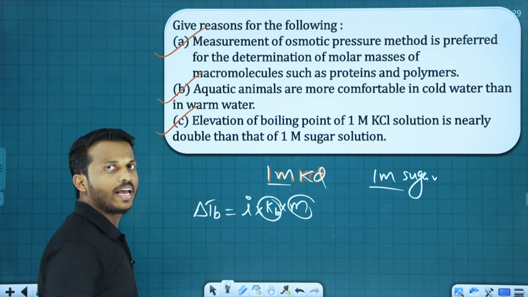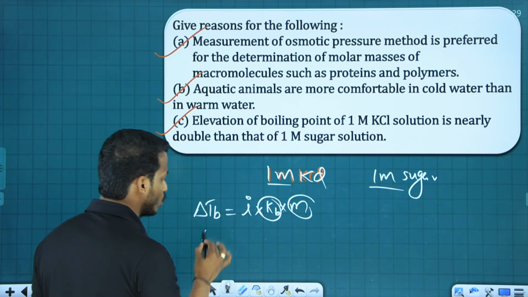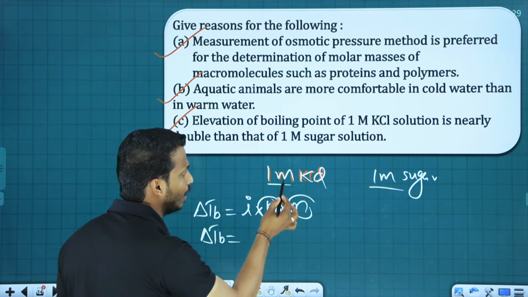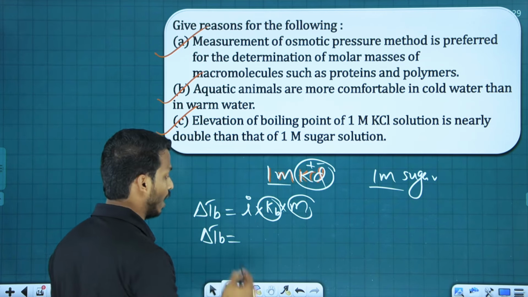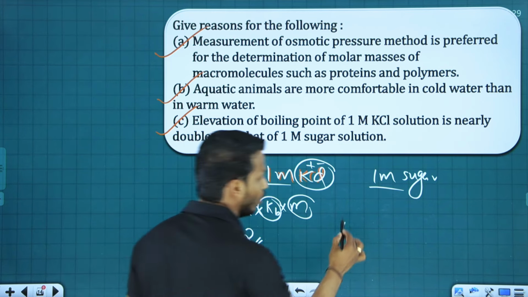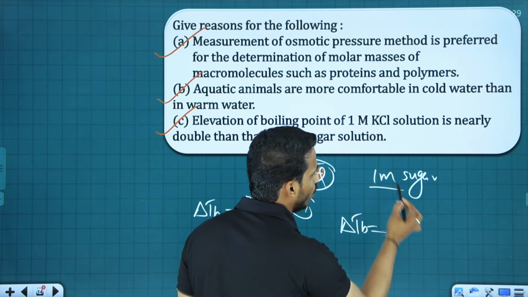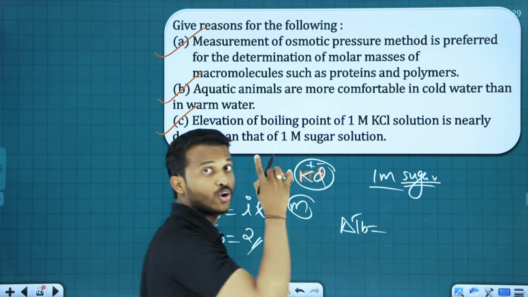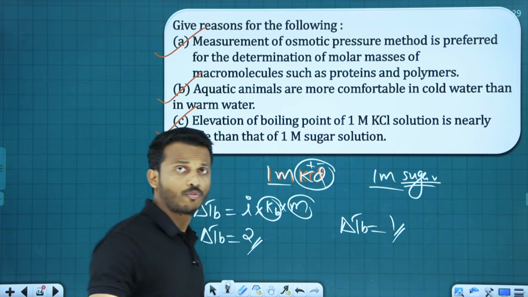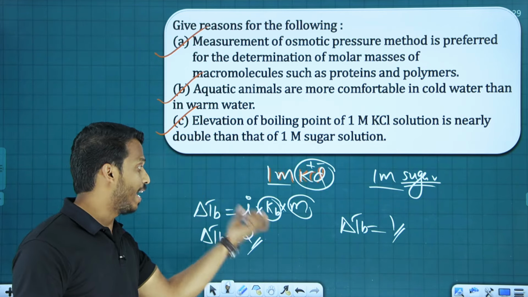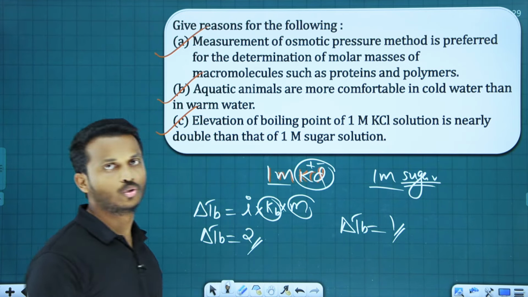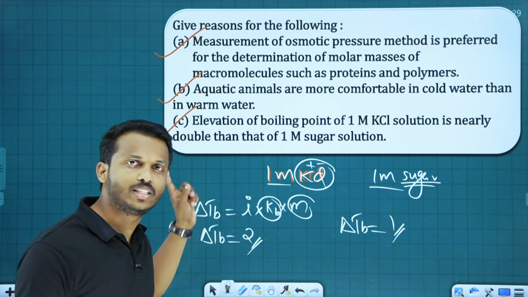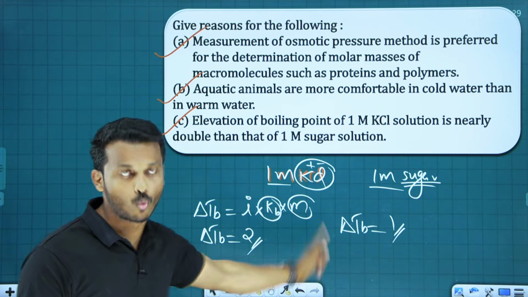Delta Tb is directly proportional to the i value. For the first solution, KCl, what is the i value? K plus and Cl minus, 2. So into 2. What about delta Tb of the sugar solution? Sugar is a non-electrolyte, so the i value is 1. So this KCl solution's delta Tb is double that of the sugar solution, because the i value for KCl is 2 and for sugar it is 1.